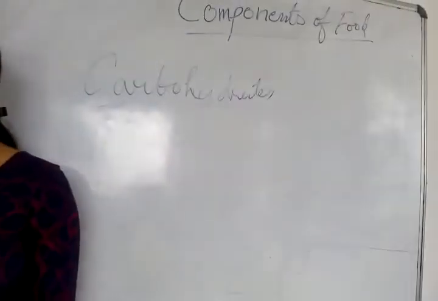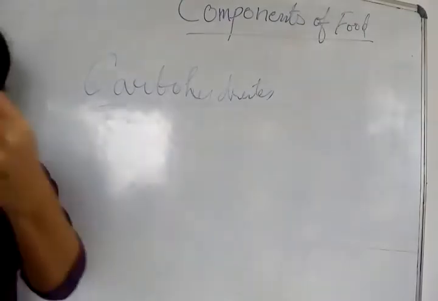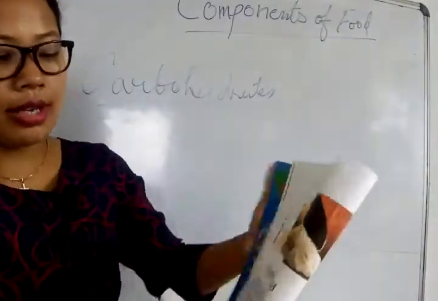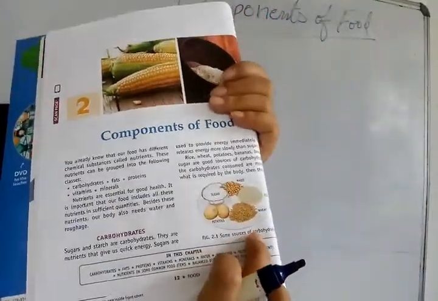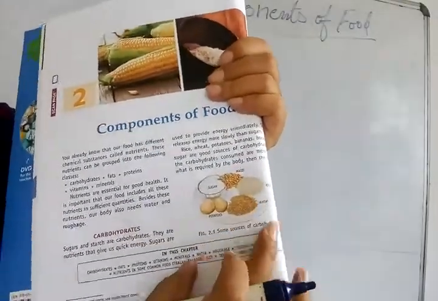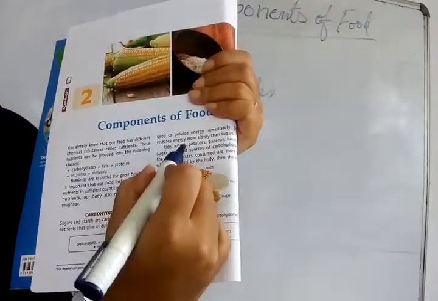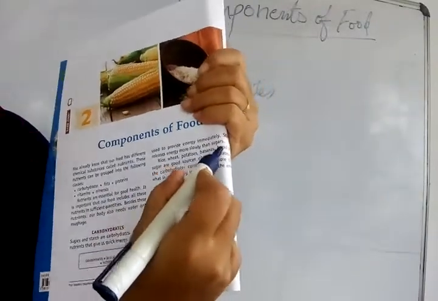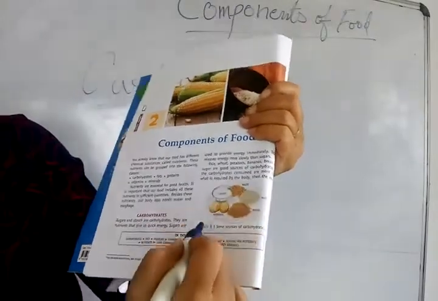You can see in your textbook also, right here, some sources of carbohydrates: sugar, maize, rice, wheat and potatoes. Rice, wheat, potatoes, bananas, bread and sugar are good sources of carbohydrates.